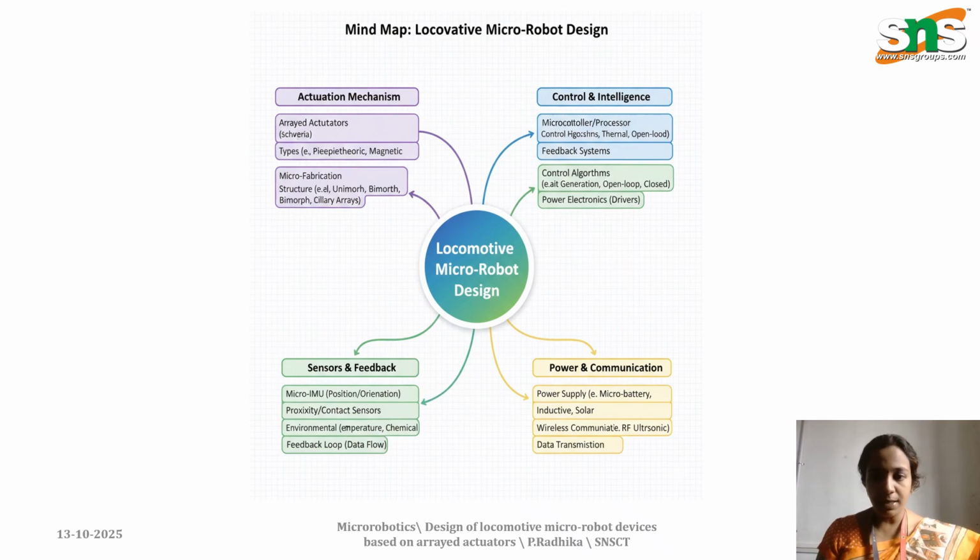We need intelligence, which is nothing but the brain of the robot, which is the microcontroller. We also need power. We human beings have food for acquiring energy. Likewise, the robots also need energy, which is given by the power supply or the battery.